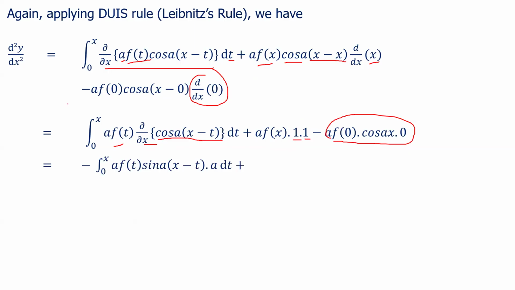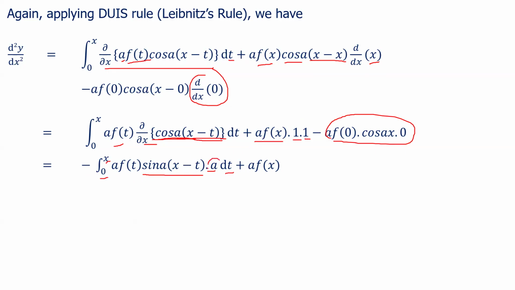Now let us write down d2y/dx square, which is equal to the derivative of cosine a times of x minus t with respect to x, which is minus of sin a x minus t. Again derivative of ax with respect to x is a, and under the limit 0 to x with respect to t, plus it is a times of f of x.